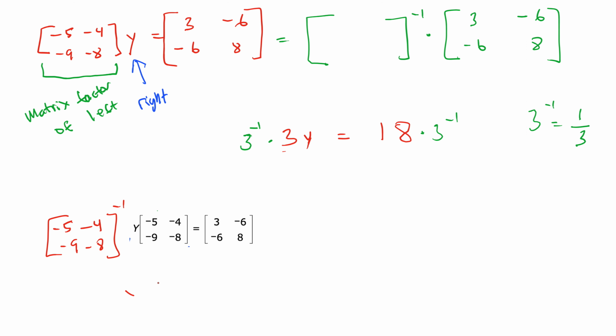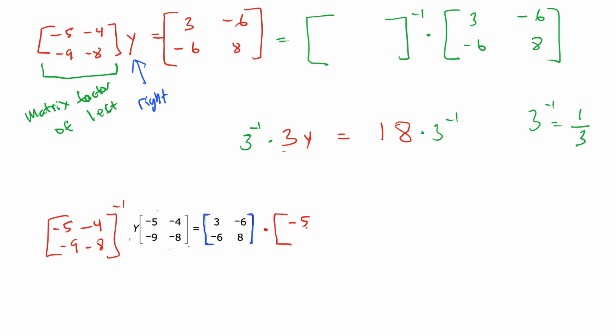And that'll just get you 1, just like this right here gets you 1. So you're not going to do any math with this side. You just know that it works, and you don't even have to do this side. But what's important is the other side. My original matrix is on the right, so I'm going to keep my old matrix, the one that's in the problem, on the right side. And then I'm going to multiply my inverse matrix on the right.